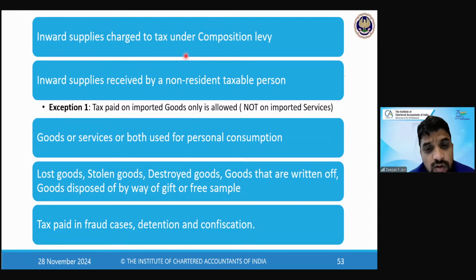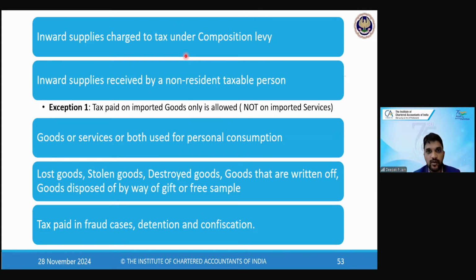Inward supply charged to tax under composition levy. This point is not clear. Okay, so a composition person, a person can get registered under composition scheme. They cannot claim any input tax credit, and on the outward supplies they are making, they cannot collect tax.